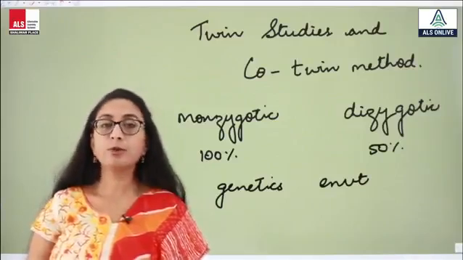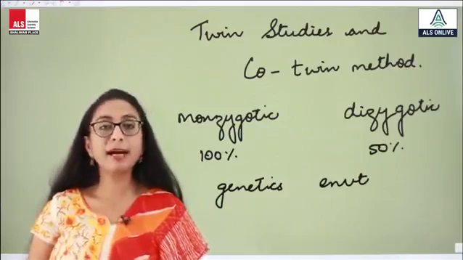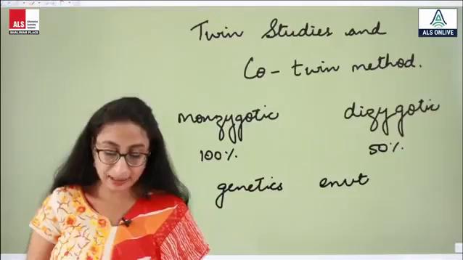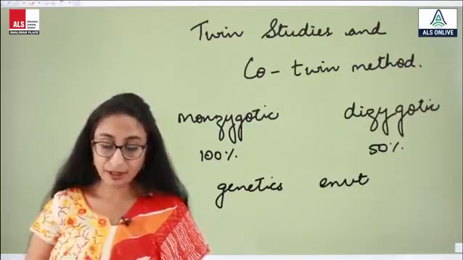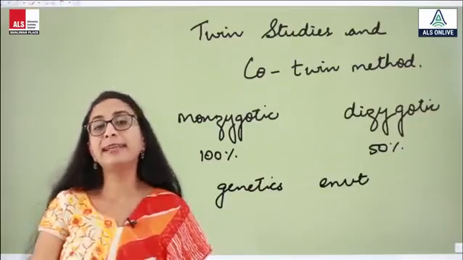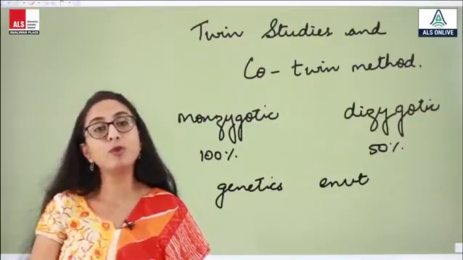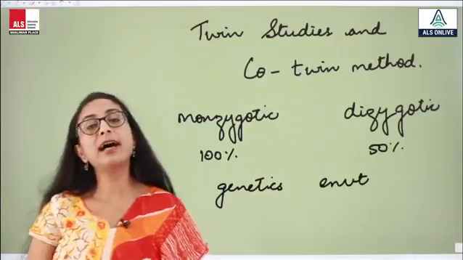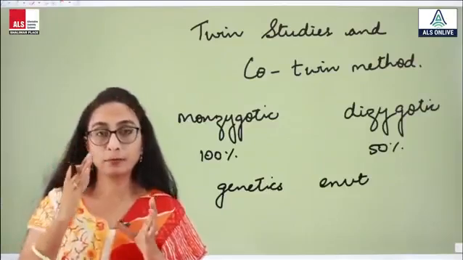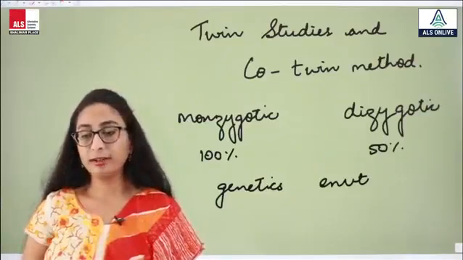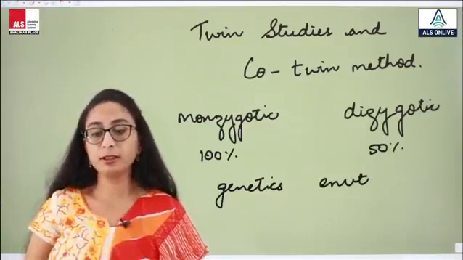So according to the co-twin method, the premise or the basis of this is that the monozygotic twins not only share all their genes, but also share an early environment. I told you in the case of monozygotic twins, because they are formed as a result of division, okay, the zygote is formed.